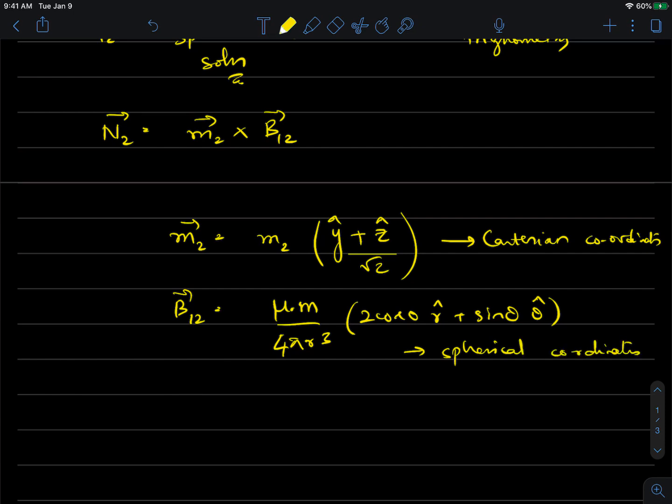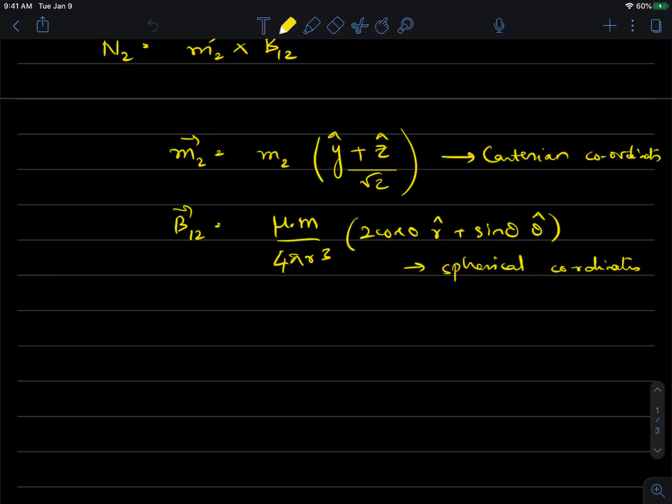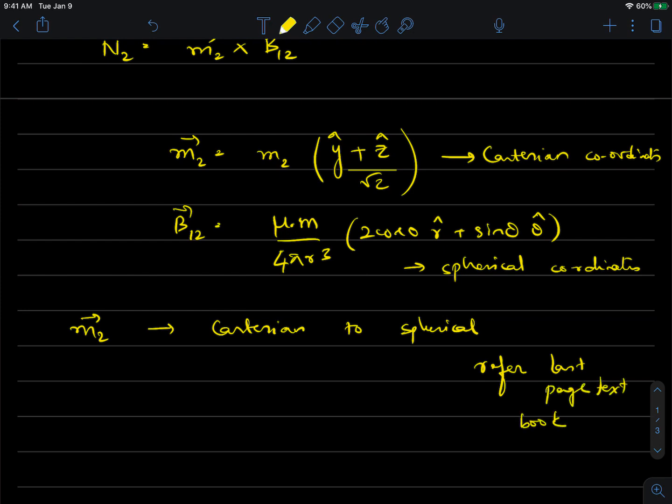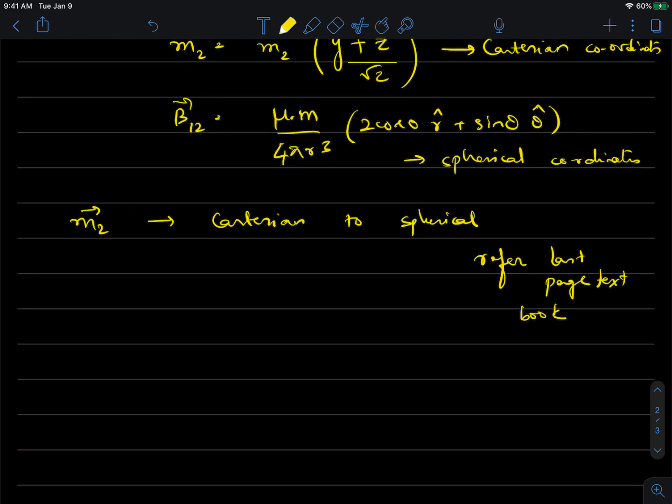Now, we cannot do the cross product until both of them are in the same coordinate system. So we convert m2 from Cartesian to spherical. How do we do that? Refer to the last page of the textbook, where the formula for conversion is given.